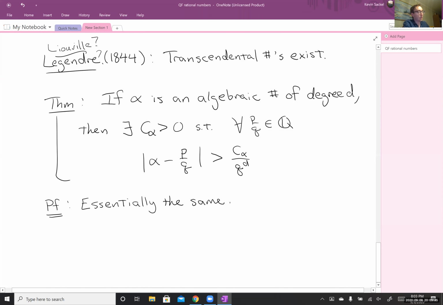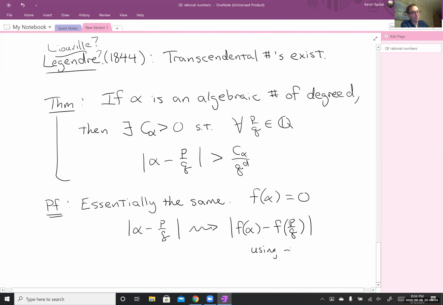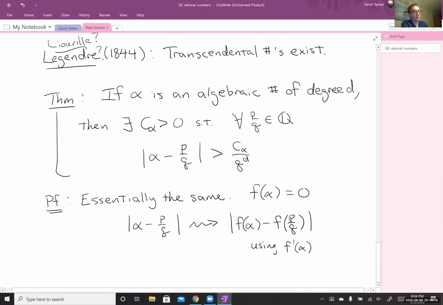In the end, you have that f of alpha equals 0. And so if you suppose that alpha minus p/q is small, I can turn a bound on this into a bound on f of alpha minus f of p/q using the derivative.